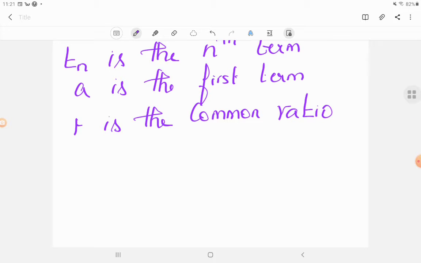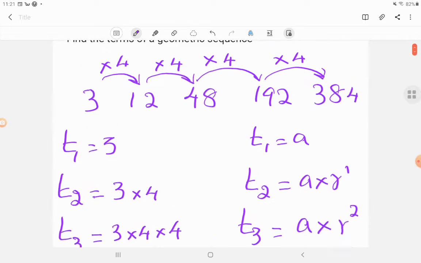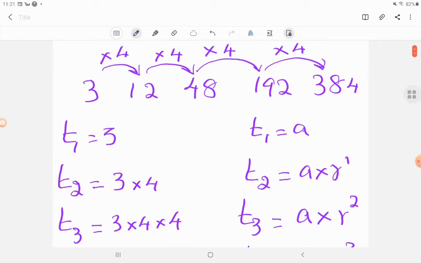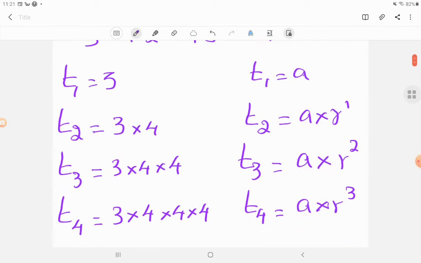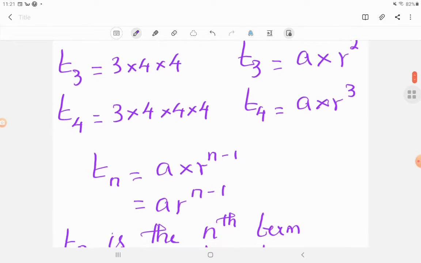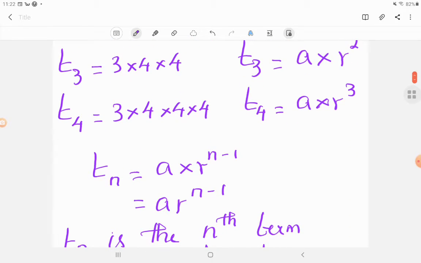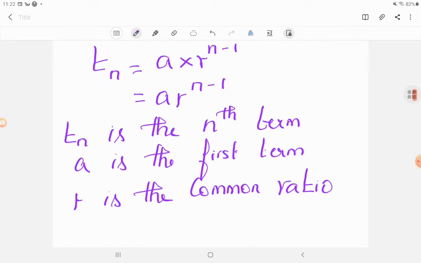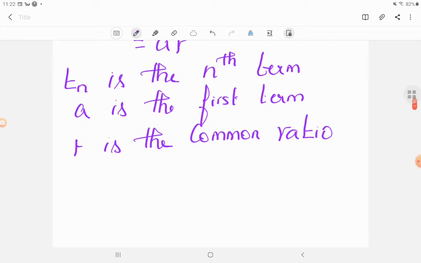So we can see that in this sequence, r is equal to 4. So when we write in general form, Tn is equal to ar to the power of n minus 1. Tn is referring to the nth term, a is the first term, r is the common ratio. To find any particular term in a geometric sequence, we can just use the simple formula ar to the power of n minus 1.